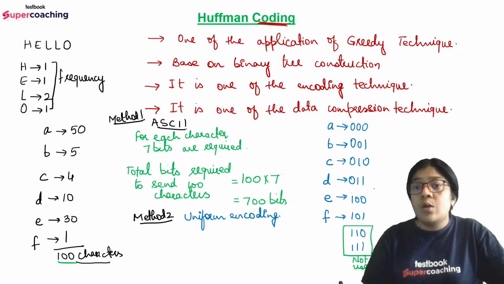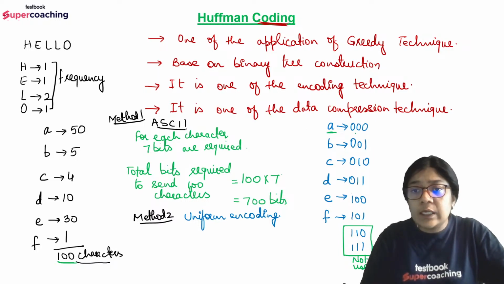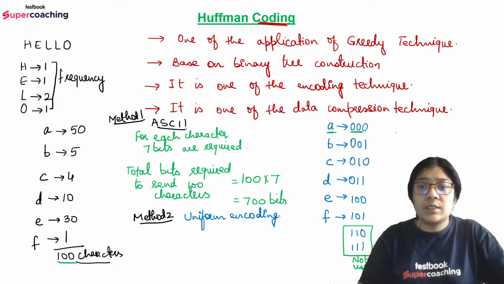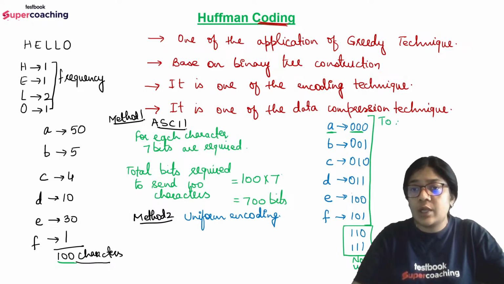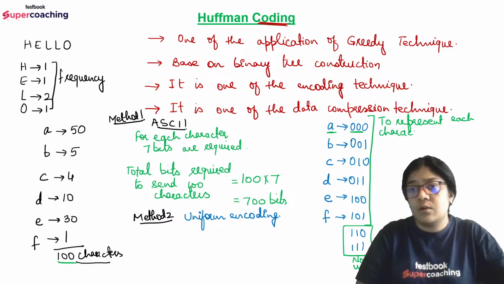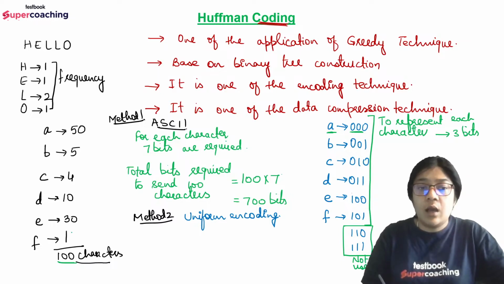Now, in order to represent each character with this approach, 3 bits are taken. So we had 100 characters.